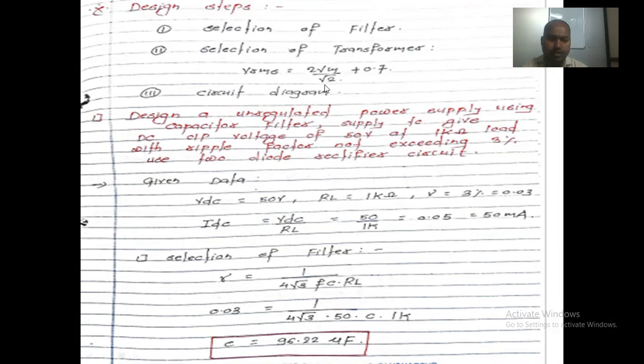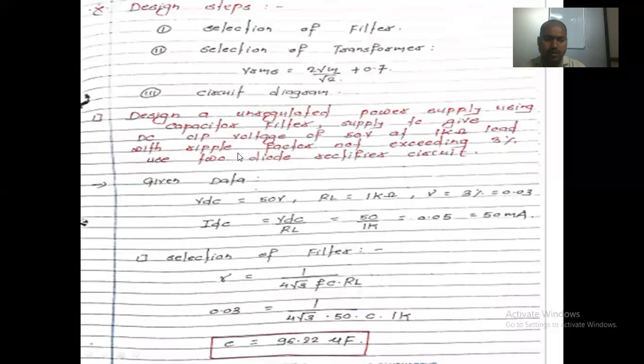Given data, start with it. Design an unregulated power supply using capacitor type of filter, right? So write down here, if not already written, capacitor type of filter, and underline it twice.